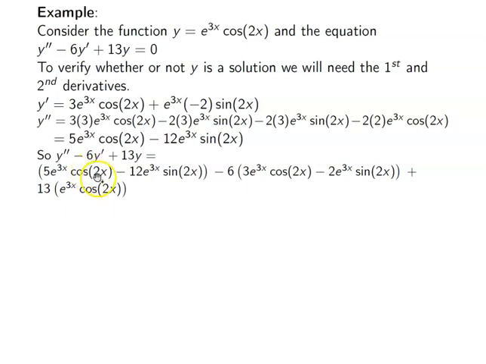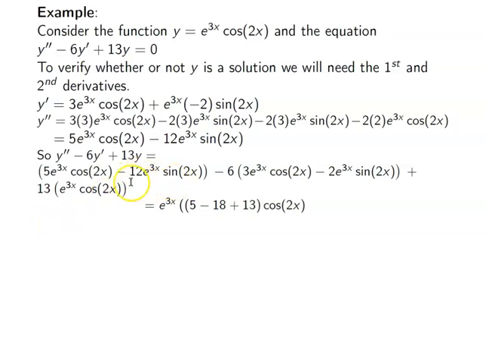So if I combine my cosines, let's see what happens. I have e to the 3x everywhere, so I'm just going to pull out this e to the 3x. If I'm looking at my cosines, the first thing I have is 5 of them. I have -18 of them here, and I have 13 of them here. And that's for my cosines.